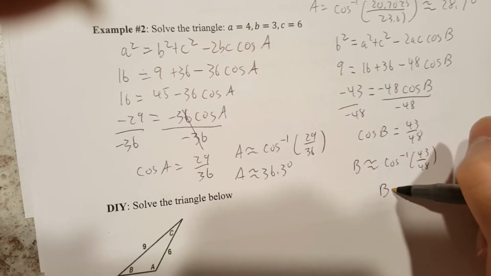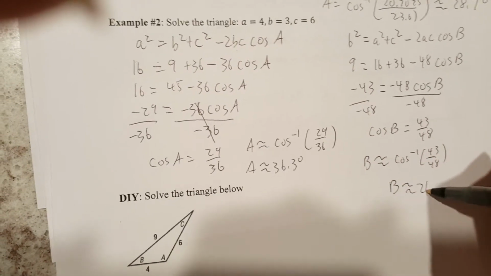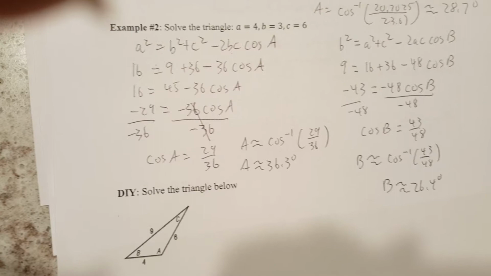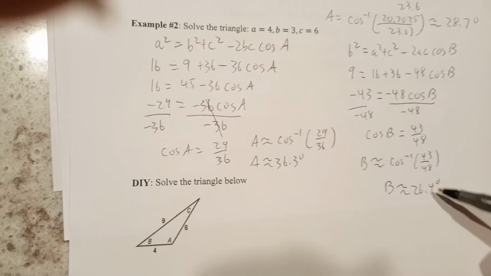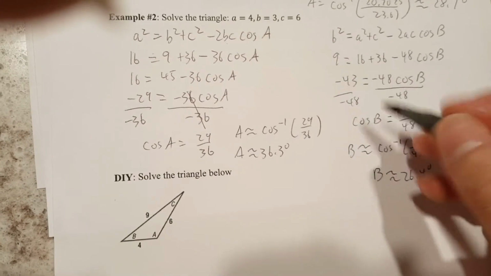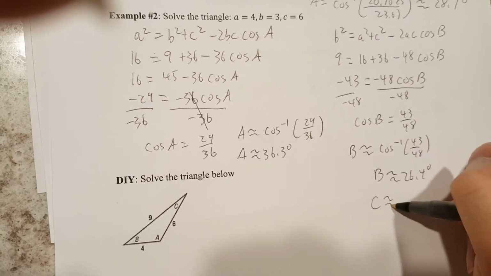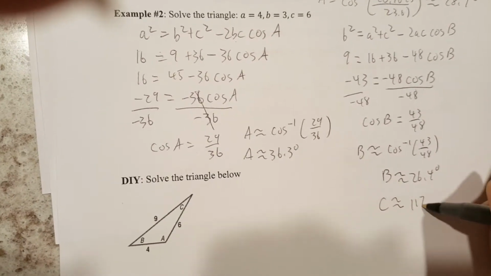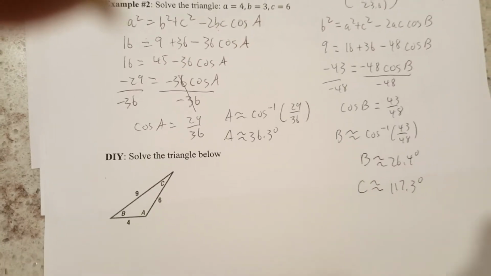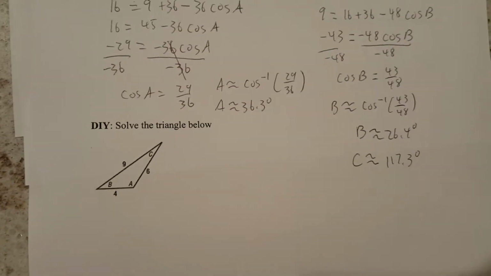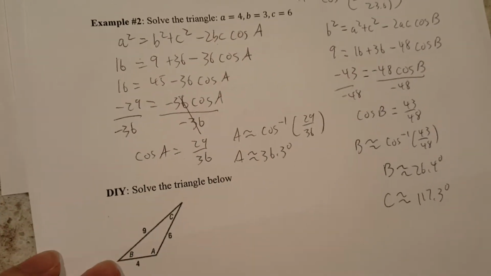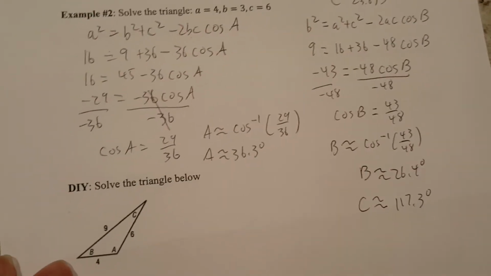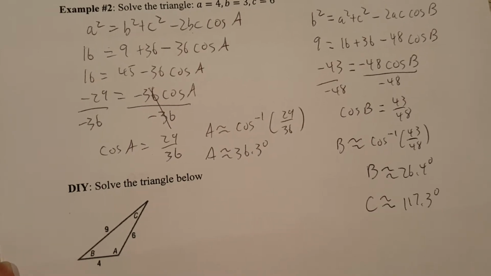And B is going to be approximately 26.4 degrees. And now I have A, now I have B, I can find angle C since they have to add up to 180. So if I do that, angle C is approximately 117.3 degrees. Okay? So that's how you do the law of cosines using side, side, side.